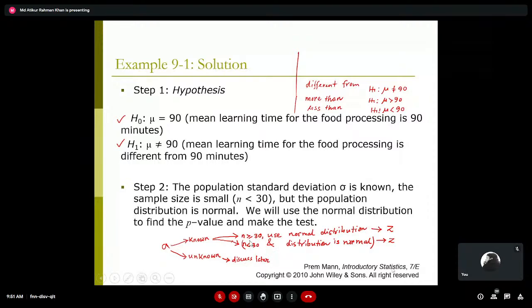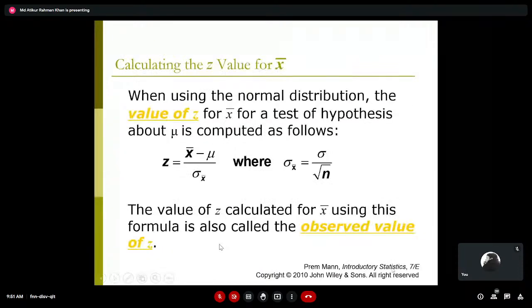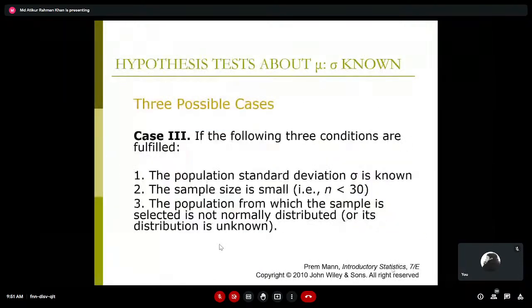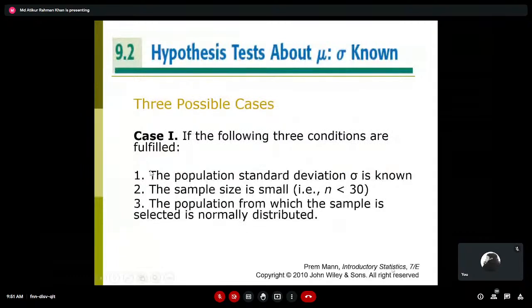Essentially, these criteria come from case 1, case 2, case 3. Now think about case 1. What does case 1 say? The population standard deviation sigma is known.